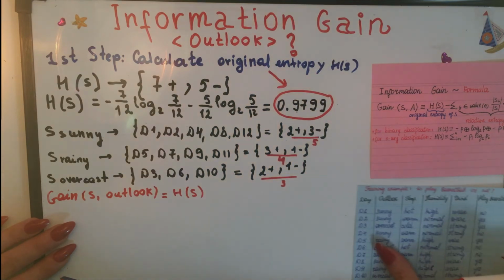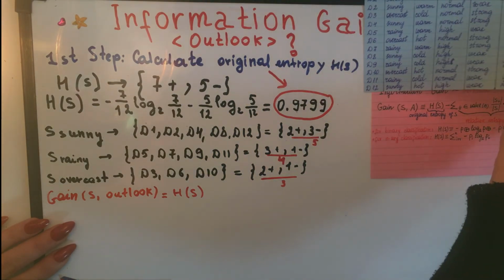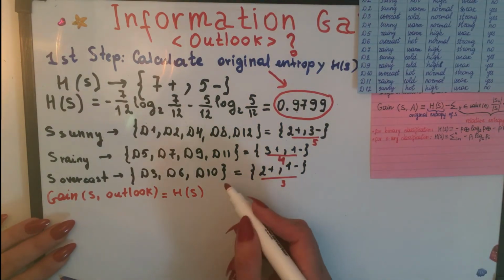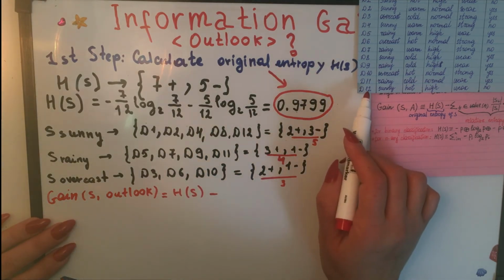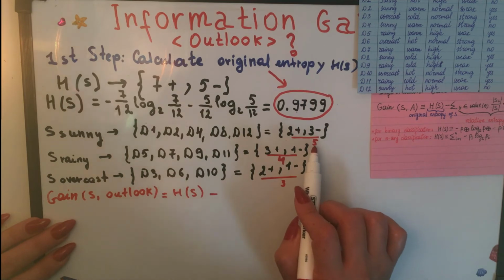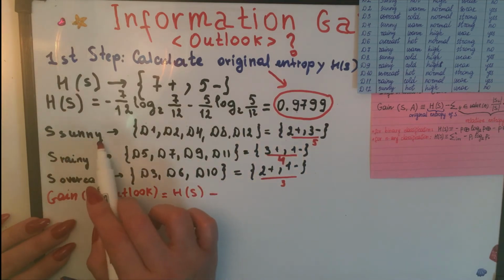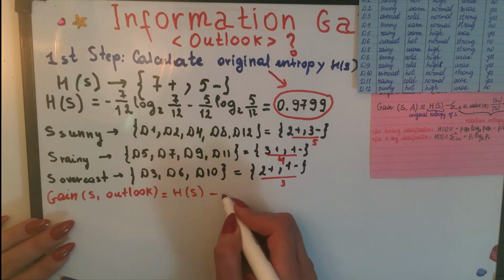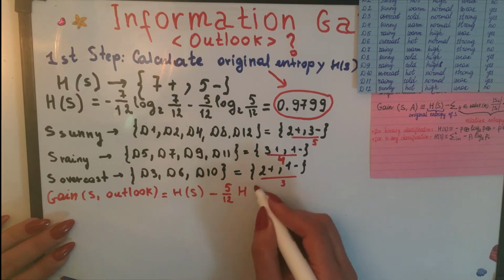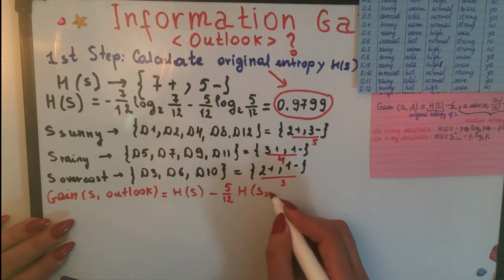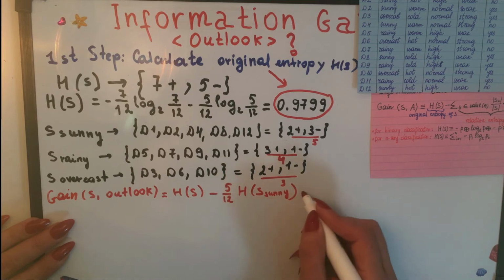Gain S outlook equals H of S, which is our original entropy, minus 5/12 times H of S sunny, because 5 is the number of days that the weather is sunny, and 12 is our total amount of days in our training example.